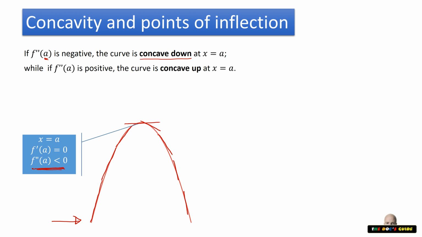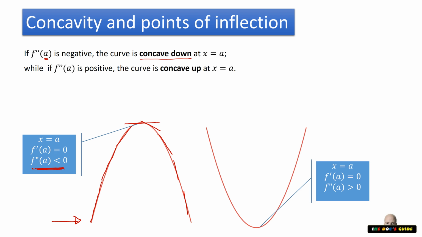Similarly, we could go through the logic of a curve which was concave up. Initially we had a large negative gradient, and the magnitude of that negative gradient was getting less and less until it got to 0. Then it was positive, and it was getting to be a more and more positive number.